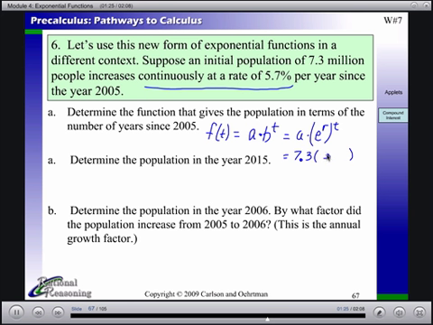E is a fixed value, 2.71828, etc. What is r? 0.057 as a decimal.